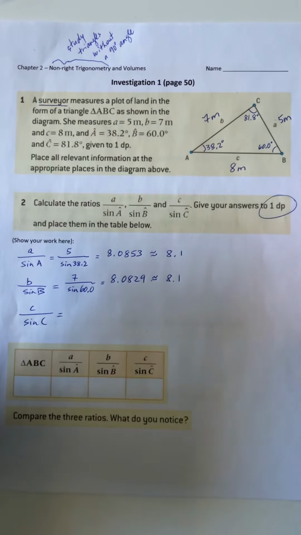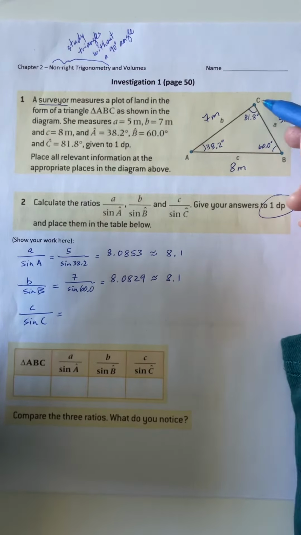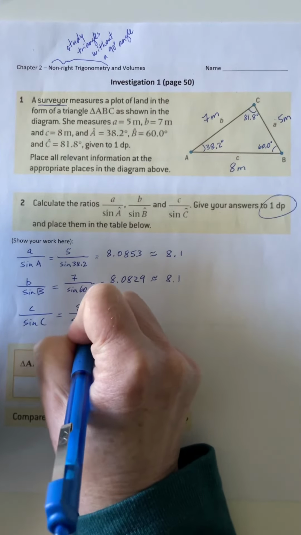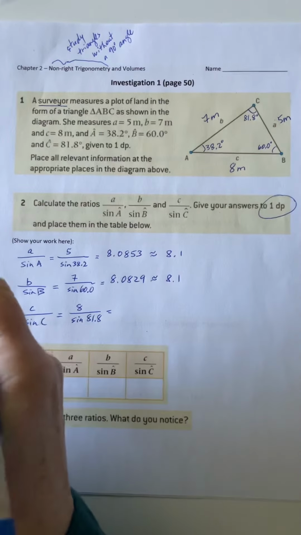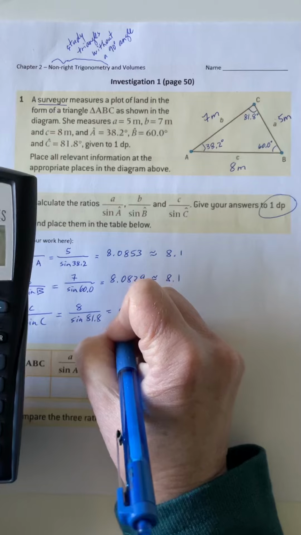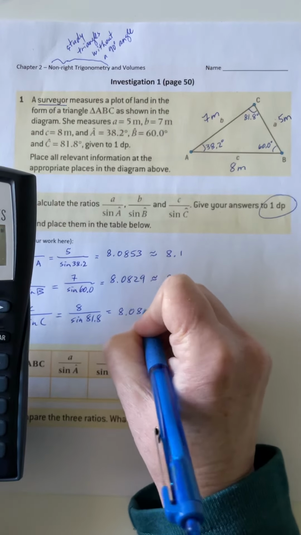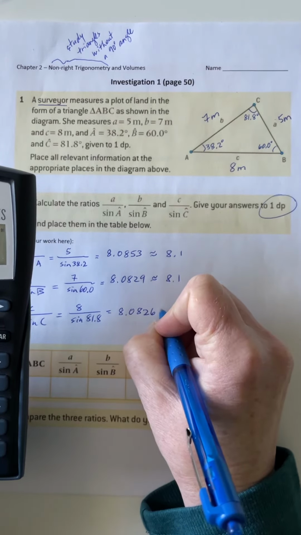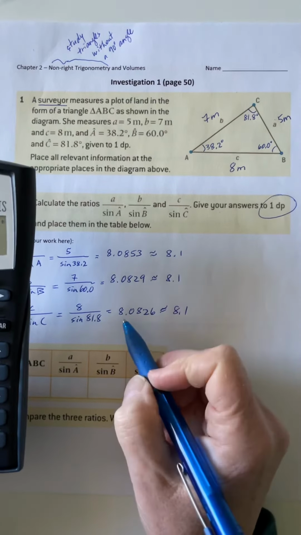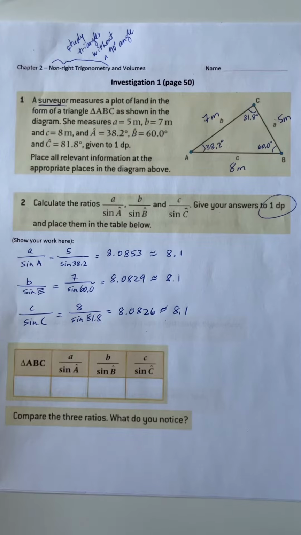Next one, c over sine C. So angle C is 81.8, side c is 8. And we do that. 8 divided by sine 81.8, or however you need to do that in your calculator. And again, we're going to round to 1 decimal place, which is 8.1.